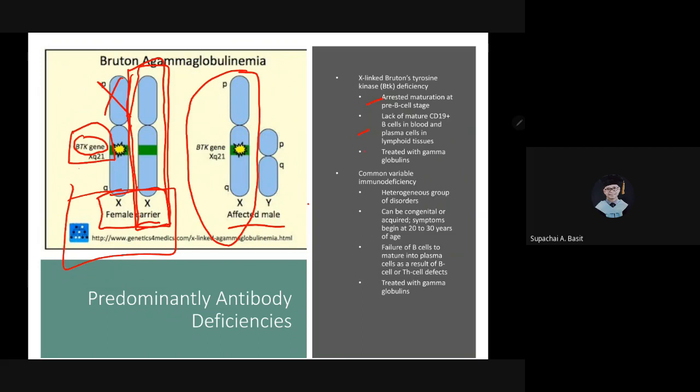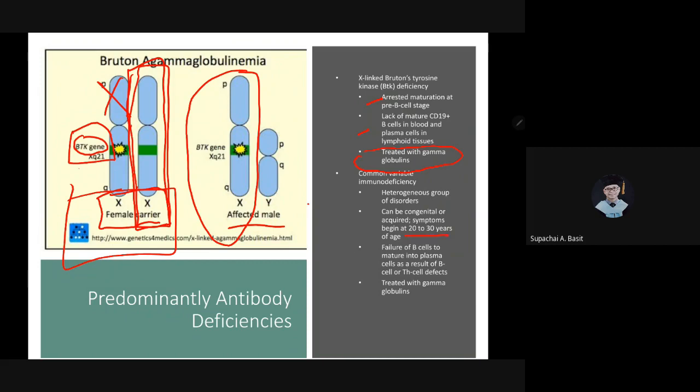this patient should be treated with gamma globulins because this patient would really lack the proteins needed to make up antibodies. Okay? So common variable immunodeficiency is another example of predominantly antibody deficiencies. Now, this, on the other hand, is a heterogeneous group of disorders which can be congenital or acquired, and symptoms begin between 20 to 30 years of age.